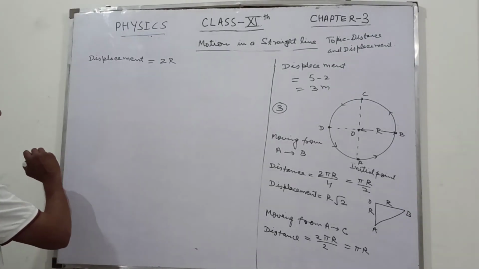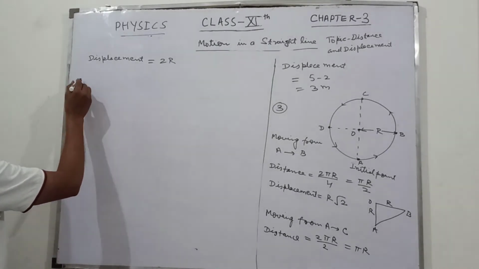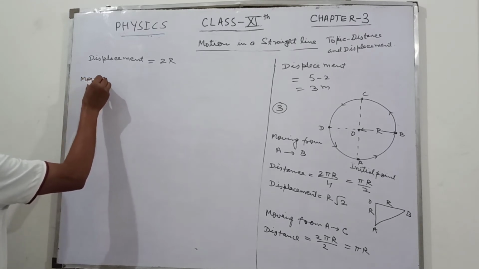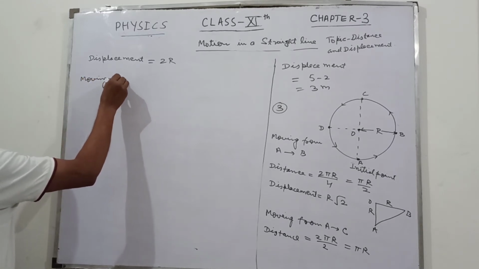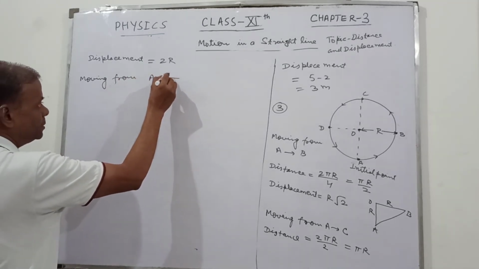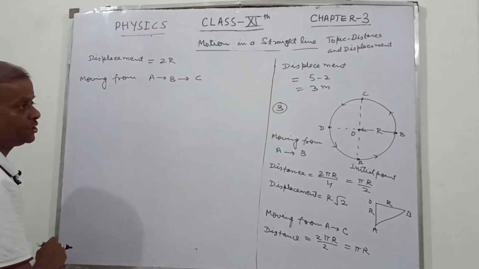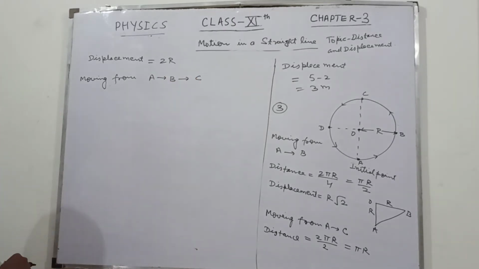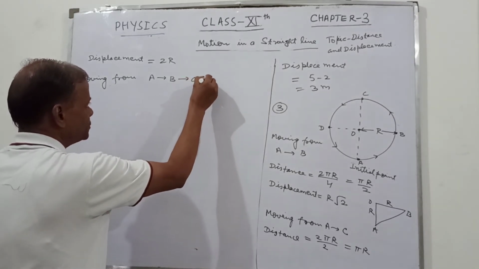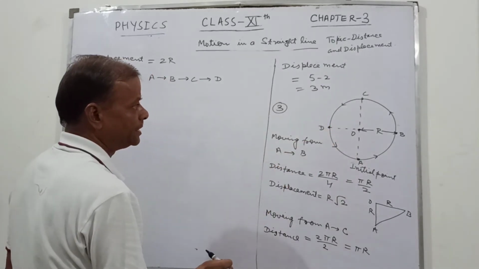And while moving from A to B and then to C. A to B, this is now your C, and C to D. So the point is here at this one.